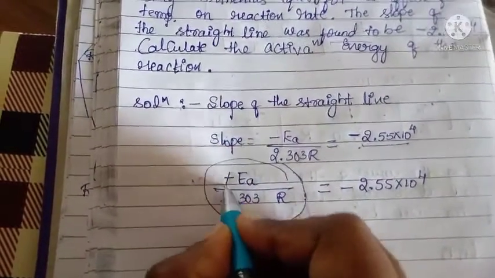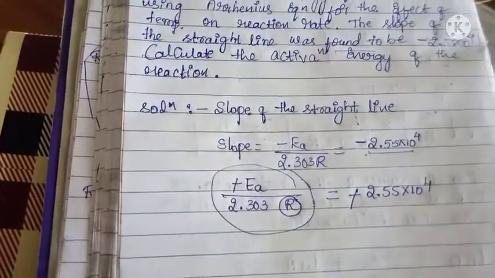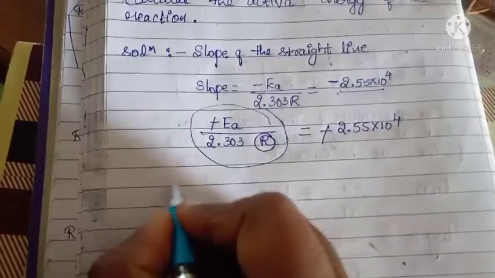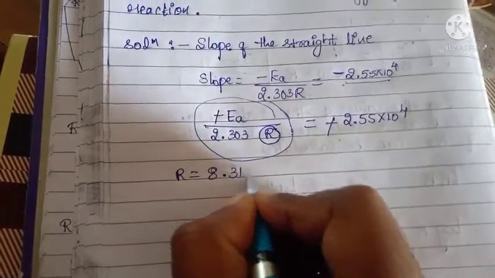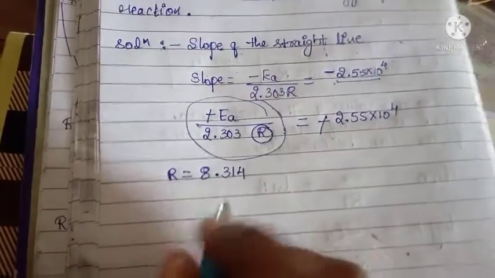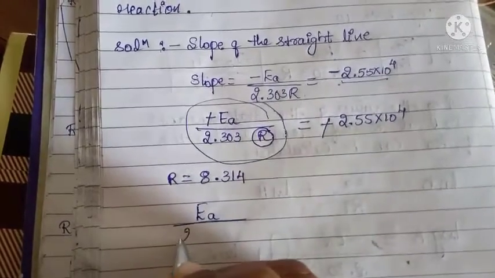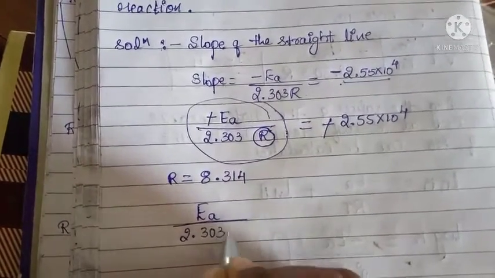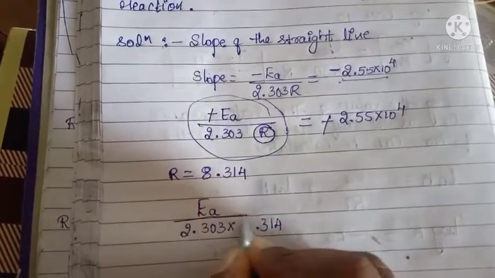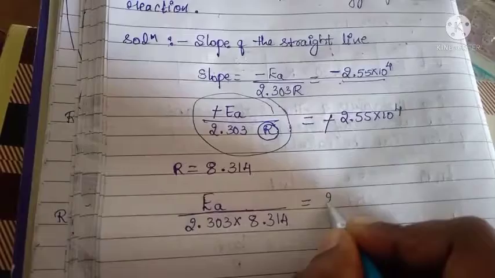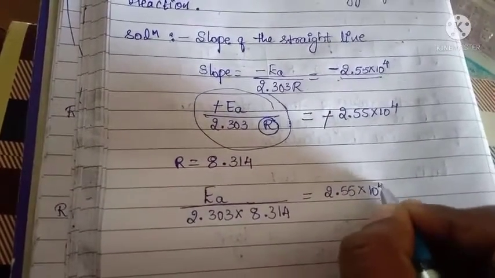So the negative sign gets cancelled, and we know that R is the universal gas constant, a constant value, that is 8.314. This is the R value. So EA divided by 2.303 into 8.314 is equal to 2.55 into 10 to the power of 4.